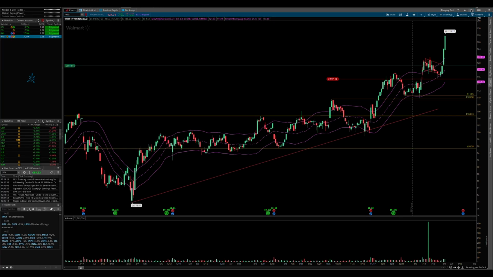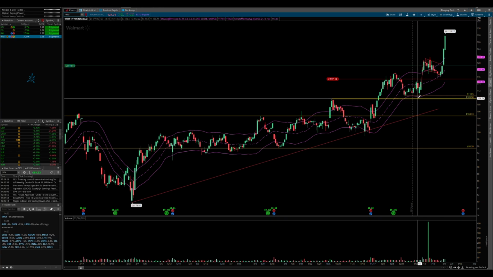These are moving average envelopes. They can be helpful to see when the stock is potentially overextended. So it's just a 21 period moving average and then an envelope of 3% from that average. You can use that to see where it's gone over.